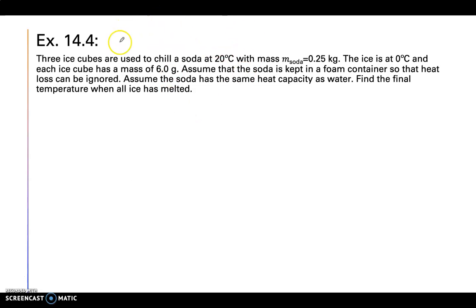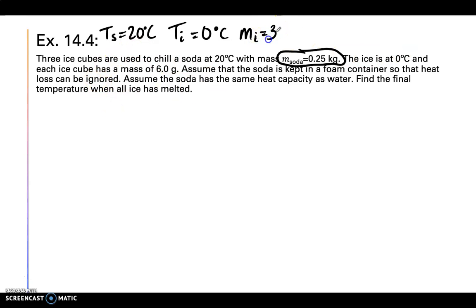Okay, so we know that our soda has this mass that was given to us. Our soda starts at a temperature of 20 degrees Celsius. Our ice, I'm going to say T sub I for ice, is at 0 degrees Celsius. And our mass of our ice cubes, there are 3 of them.